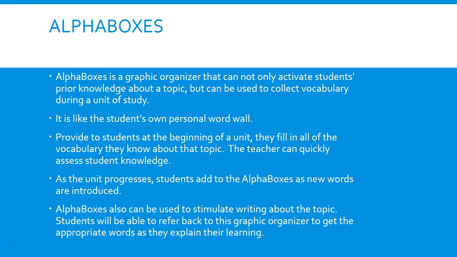Alpha boxes can also be used to stimulate writing about a topic. Students will have that graphic organizer in front of them with all of the words on it, and they'll be able to pick and choose words in order to write sentences or maybe a report on that specific topic.